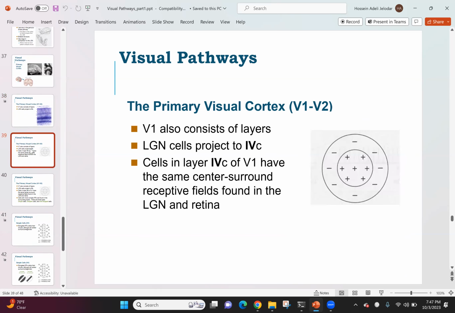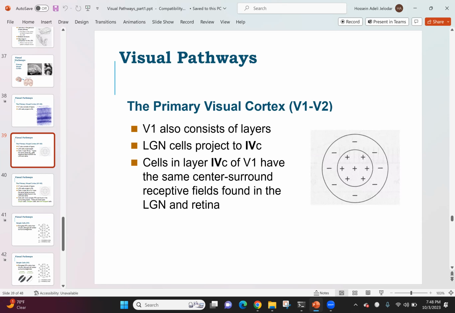So, and the cells in this layer, now again, think of it as layers. You have a layer in the retina, our photoreceptors, a layer of middle layer cells, then a layer of ganglion cells, another layer in the LGN, and then another layer in the primary visual cortex.